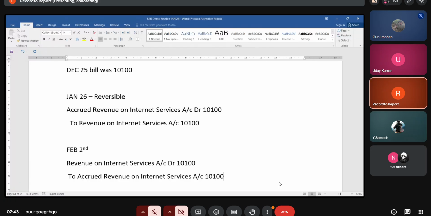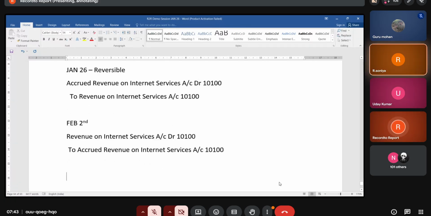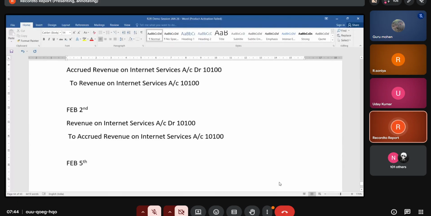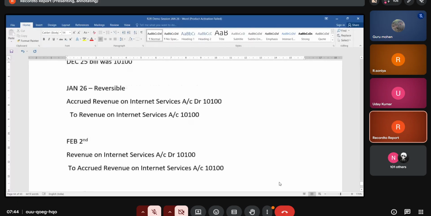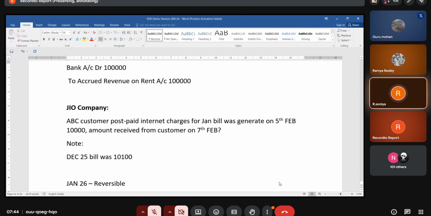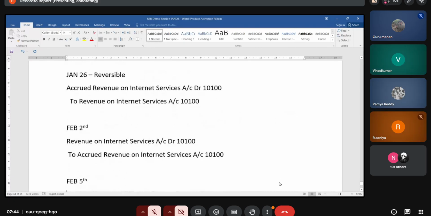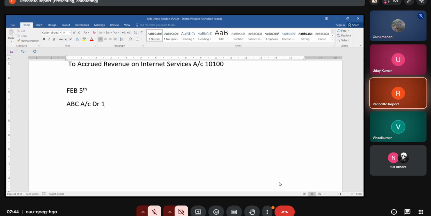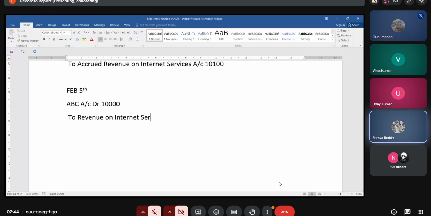Okay. So now on February 5th, the bill is generated to a customer. Who is the customer for Geo here? ABC. So ABC account debit, revenue on internet services account.